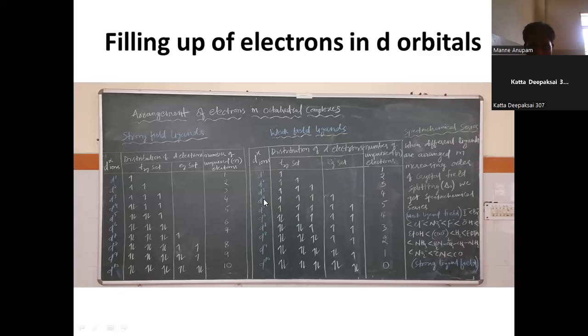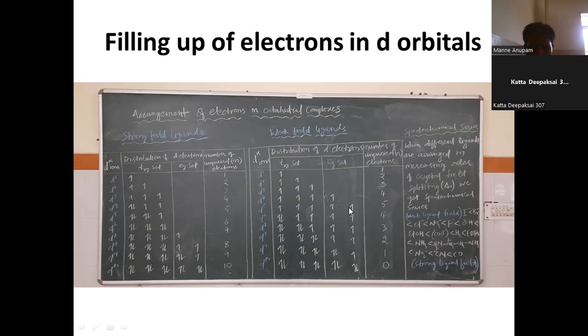For D4, the fourth electron fills up here only in the strong field case, but in the weak field case the D4 electron goes to the EG set, on top. Here the D4 electron remains down, whereas here it goes to the top.